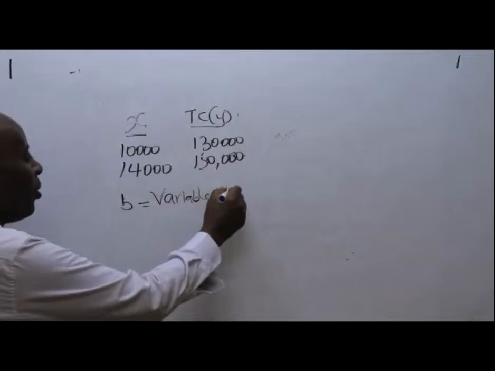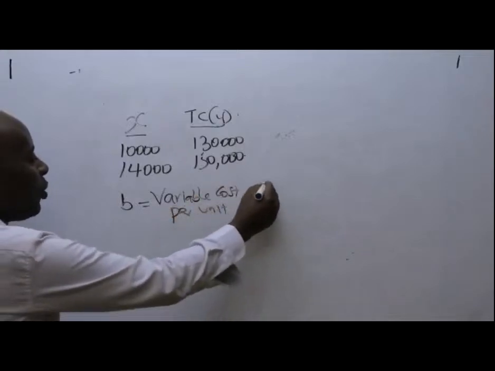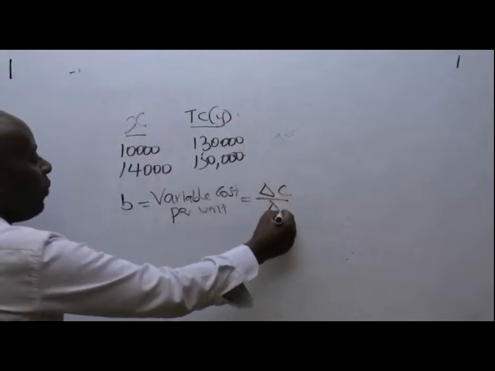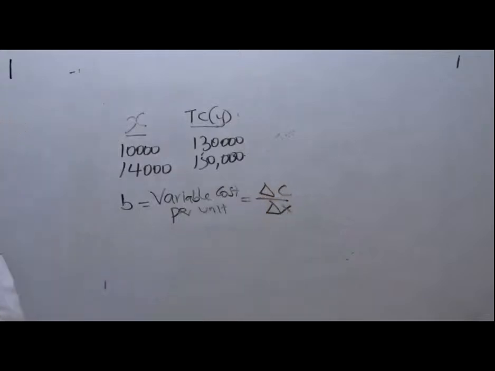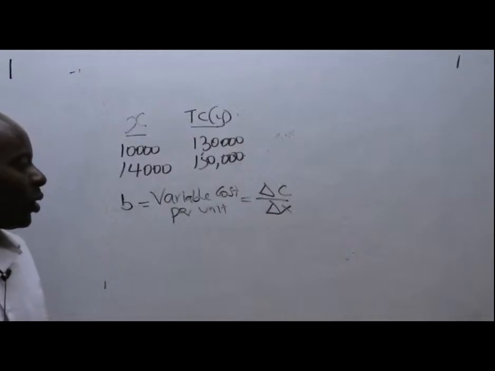Variable cost per unit will be equal to change in cost all over change in x.